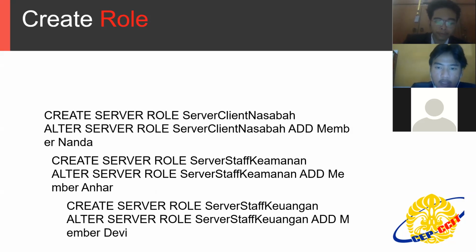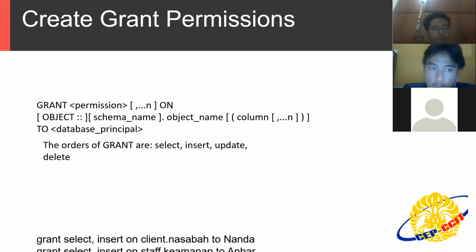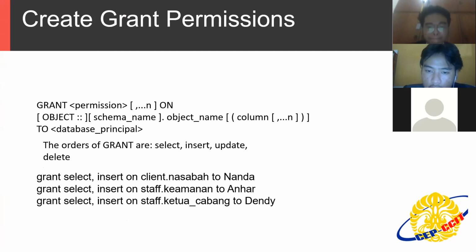Next to slide 5. In slide 5 is the grant. The example: grant permission, object, game name, object name, column.